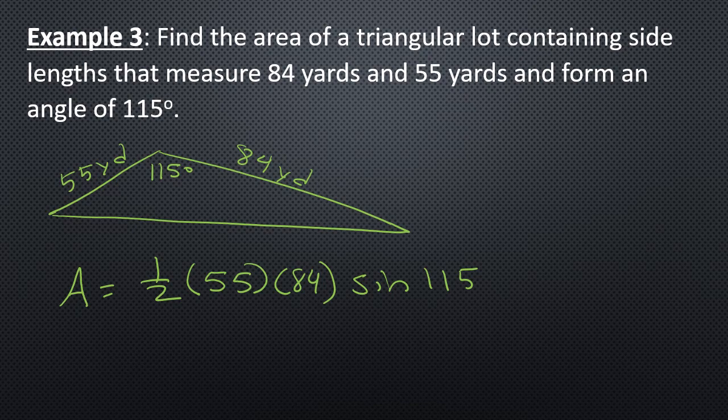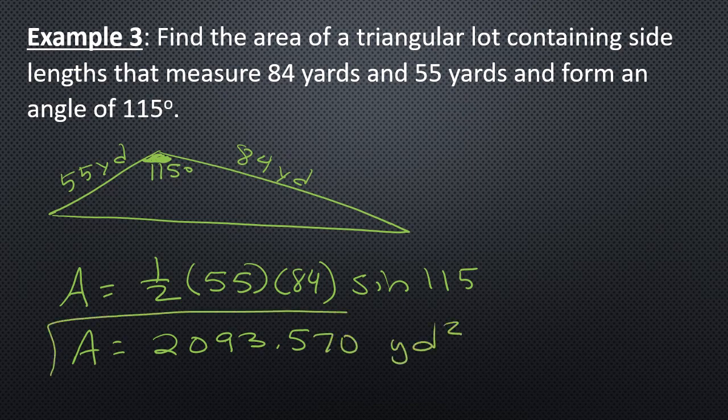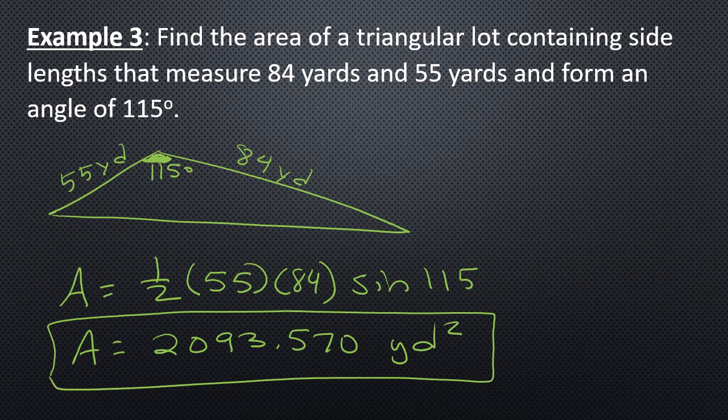So one side is 55, one side is 84. Just make sure that this is the included angle. If it's not the included angle, then this formula will not work. Basically, you now have a calculator-ready problem, and if you take a moment, plug all your numbers into the calculator, you should get 2093.570. They gave you a unit, and because we turned our unit into area, it's going to represent yards squared.